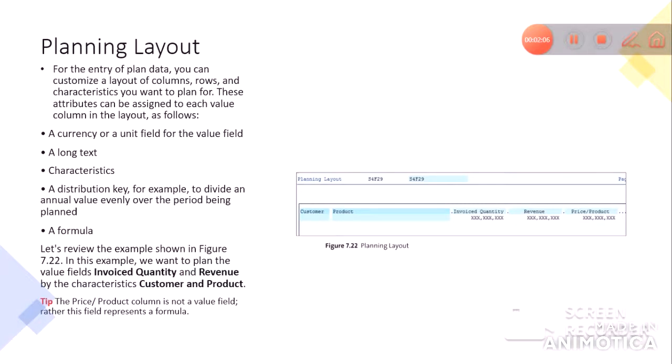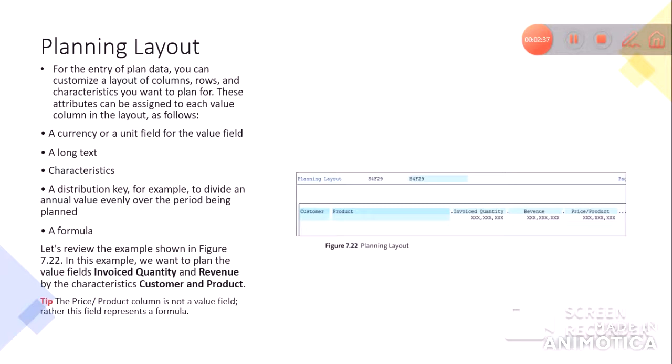These attributes can be assigned to each value column in the layout as follows: a currency or a unit field for the value field, a long text, characteristics, a distribution key, for example, to divide an annual value evenly over the period being planned, and a formula.